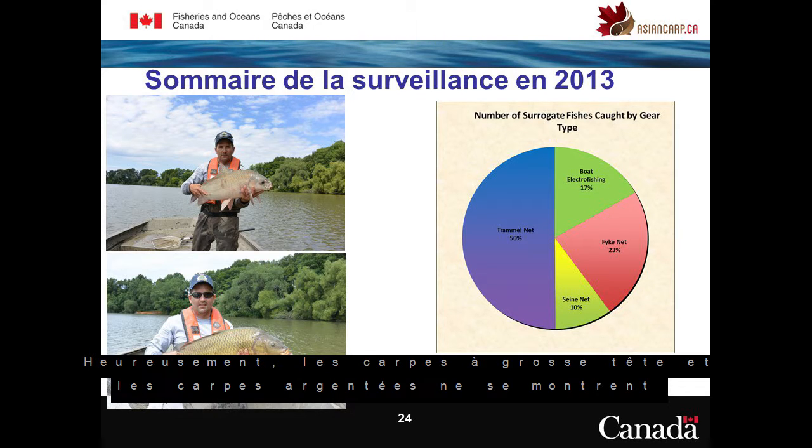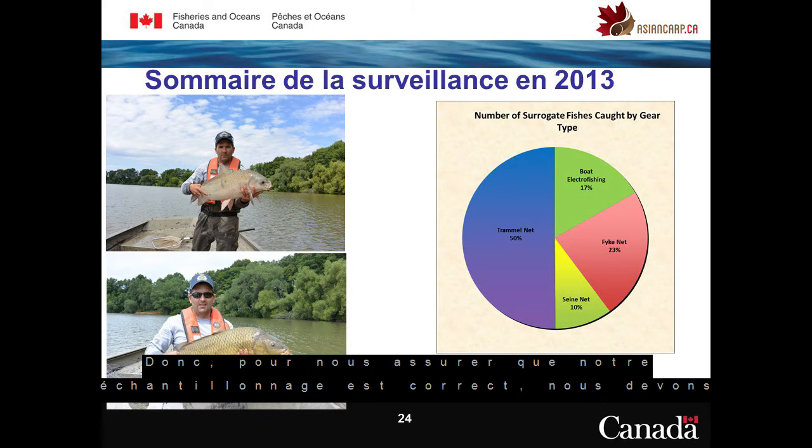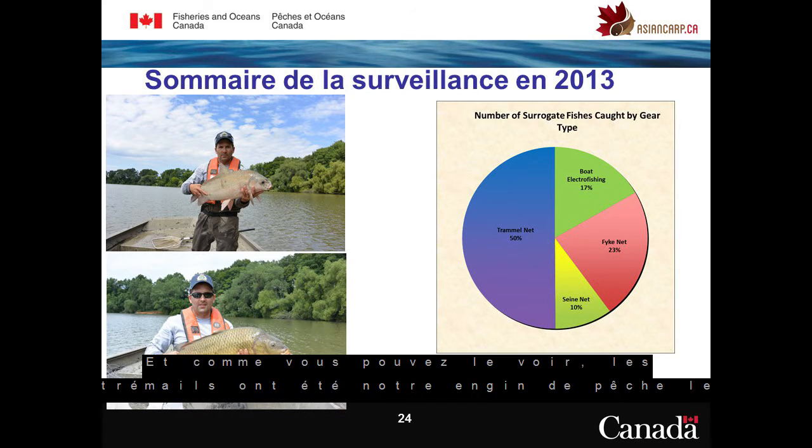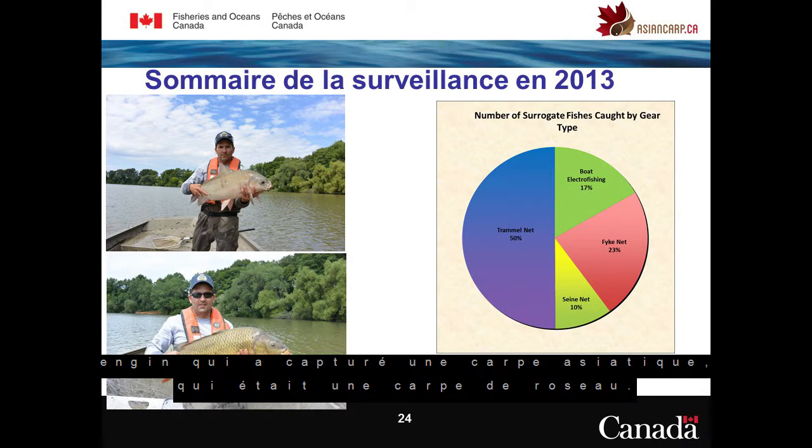Thankfully, bigheaded carps aren't showing up in the Great Lakes. So for us to ensure we're sampling correctly, we have to rely upon these surrogate species as an indicator of our sampling success. And as you can see, trammel nets were our most effective gear for capturing surrogates, and were actually the only gear that has captured Asian carp, which was grass carp.